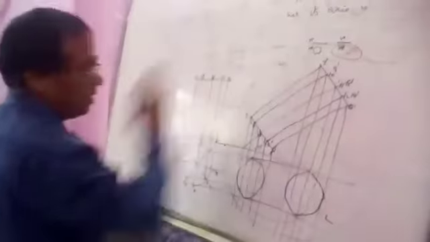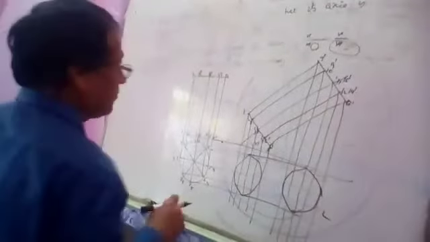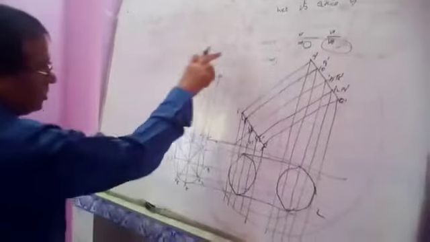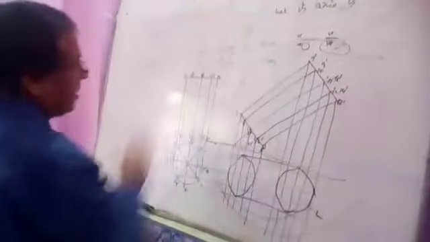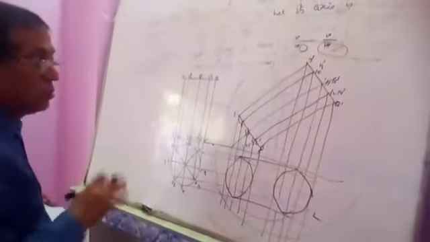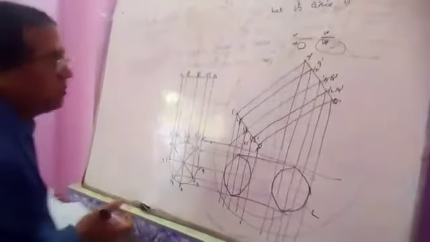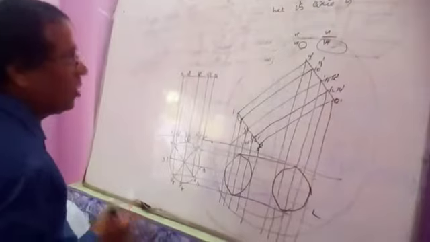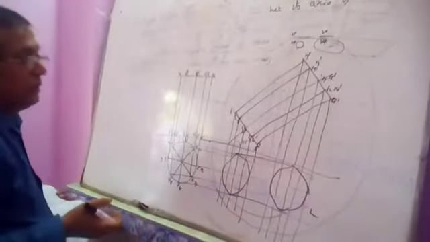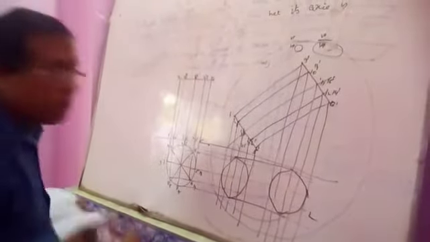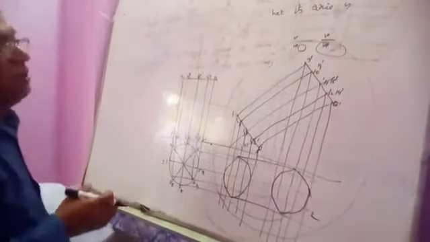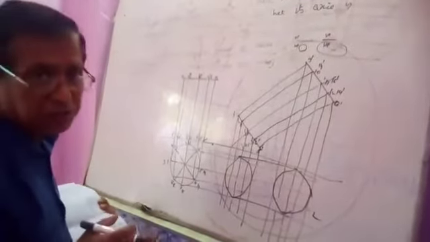So now, as per the question, the axis makes 45 degree to HP. Axis makes 45 degree to HP, or you can say the HP is 45 degree to axis.